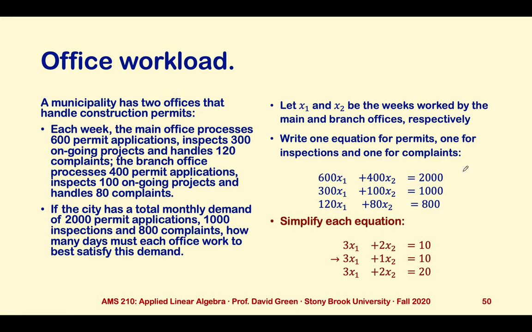The first equation can be divided by 100, and that would give us 6, 4, and 20, and then could even be divided through by another 2 to give us 3, 2, and 10. And so essentially we have a scaling factor where we've divided by 200 this whole equation to give us a simplified version.